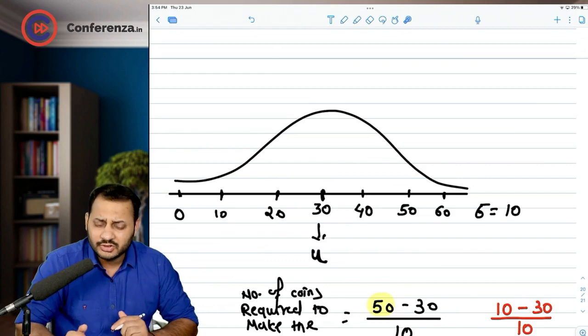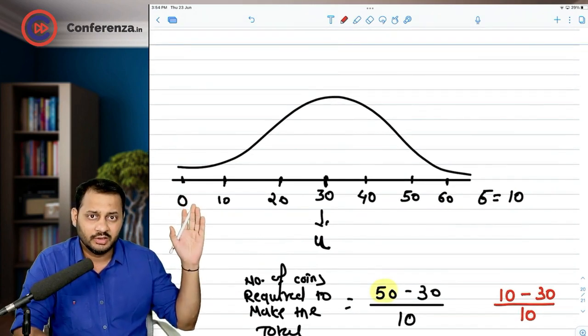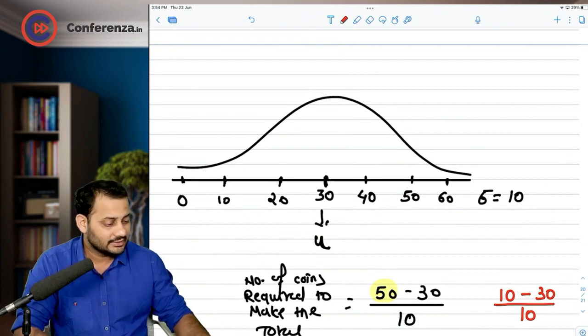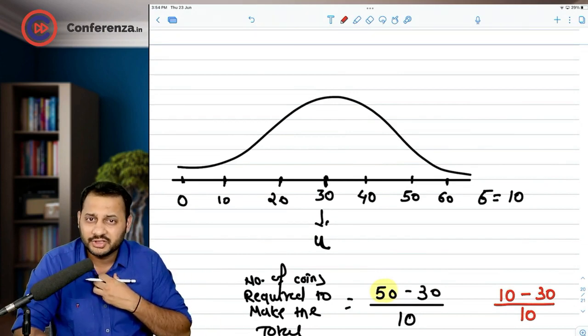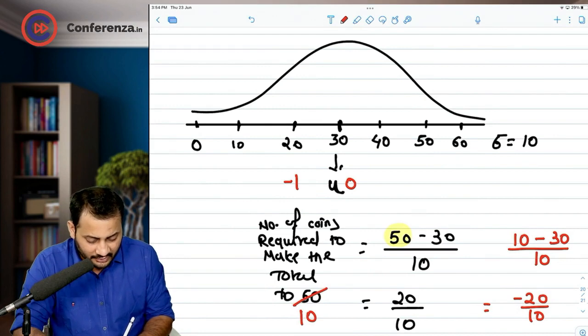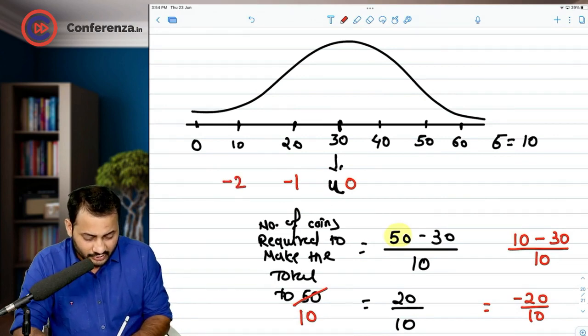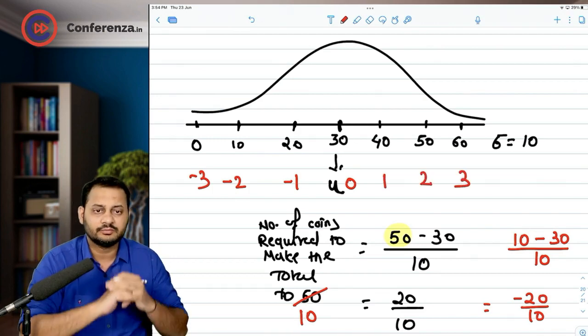This is what the z-score is. That means if we compare this example with the normal probability example, with the standard deviation diagram, in that we can call 30 as 0, 20 as minus 1, 10 as minus 2, 0 as minus 3, 40 as 1, 50 as 2, 60 as 3.